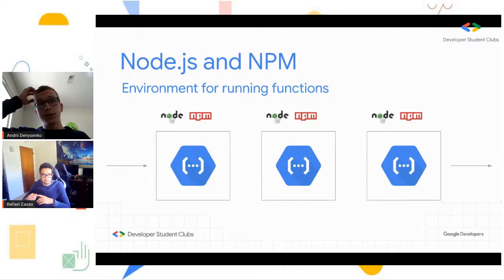Let's talk about Node.js and NPM for a sec, because these are relatively new concepts. I'm sure most of you are familiar with them, but just to reiterate, when you deploy your Cloud Function to the cloud, it will run in a Node environment. What that means is that you will be able to write JavaScript that runs on the cloud, not in the web browser.